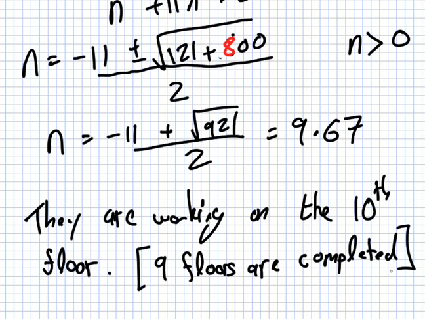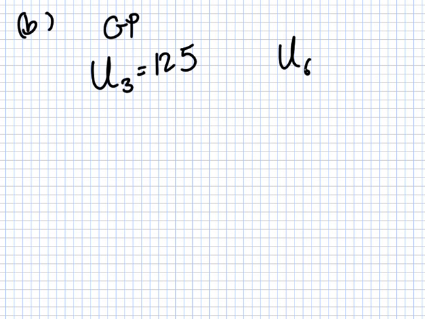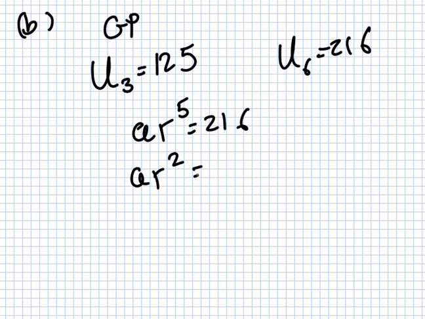Okay, can I do the B part of the question now? Yeah. So the B part is now non-practical. They say that the third term of a geometric progression is 125 and the sixth term is 216. So we know that ar^5 equals 216, and we know that ar^2 equals 125.